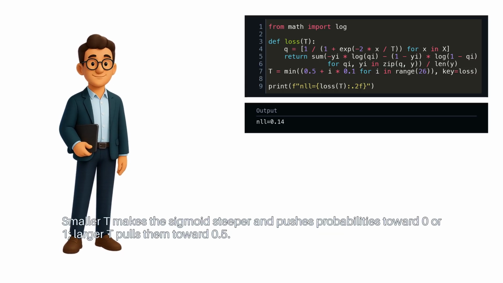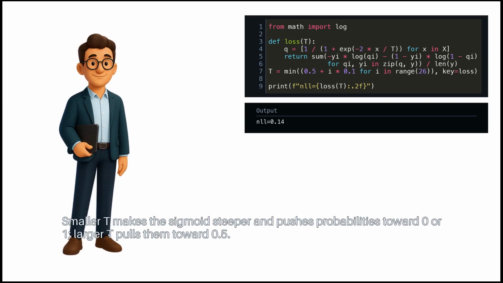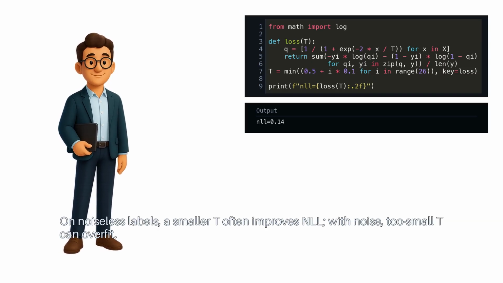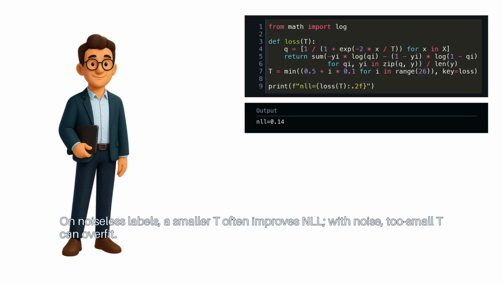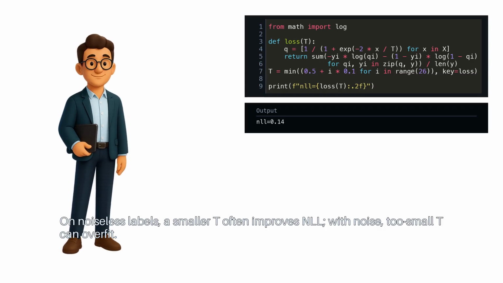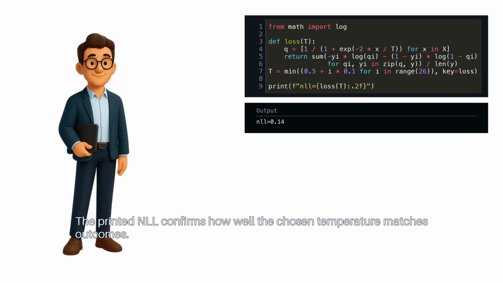Smaller T makes the sigmoid steeper and pushes probabilities towards 0 or 1. Larger T pulls them towards 0.5. On noiseless labels, a smaller T often improves NLL. With noise, too small T can overfit. The printed NLL confirms how well the chosen temperature matches outcomes.